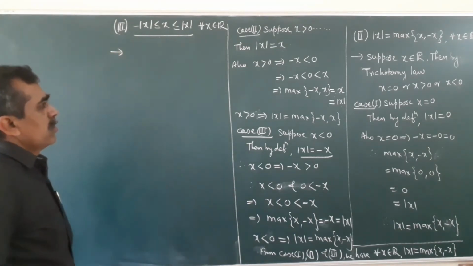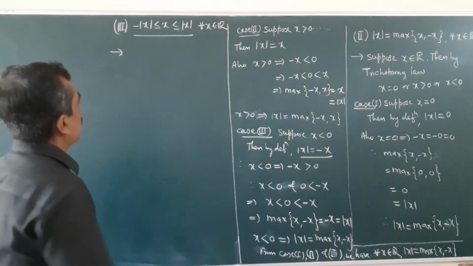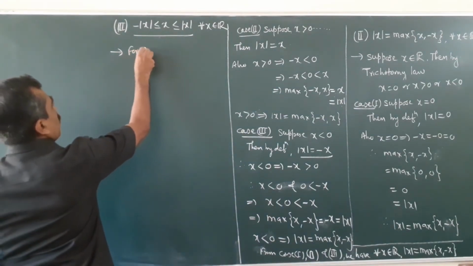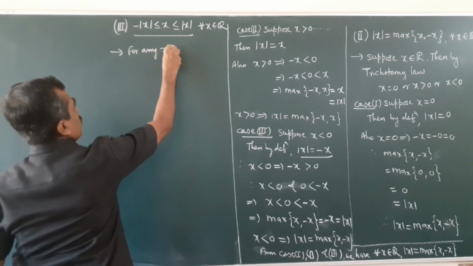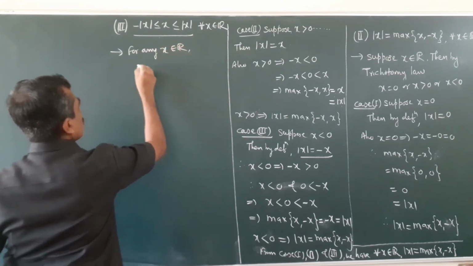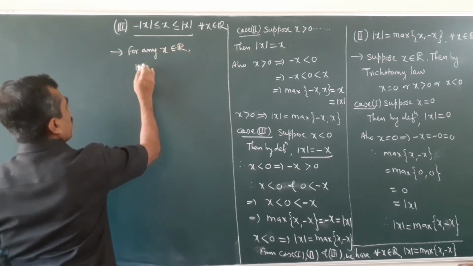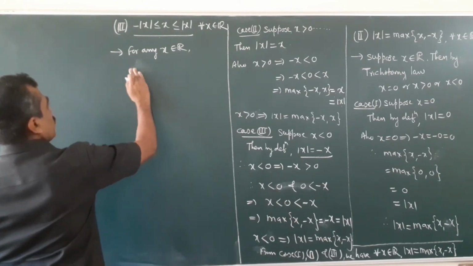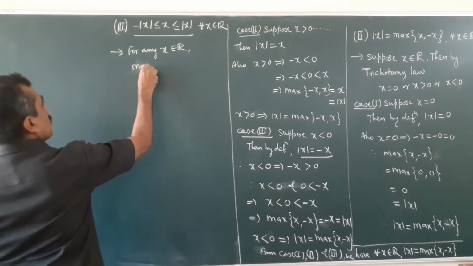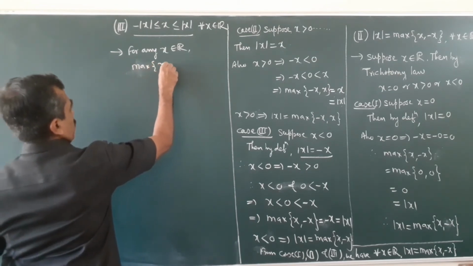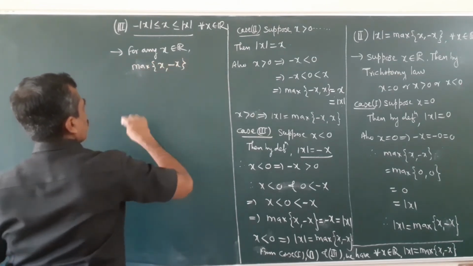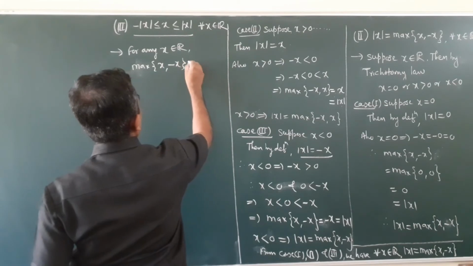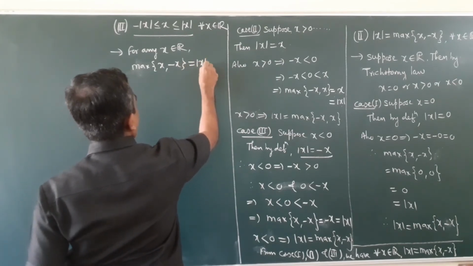Now see, we have just proved that for any x belonging to R, maximum of x comma minus x is mod x.